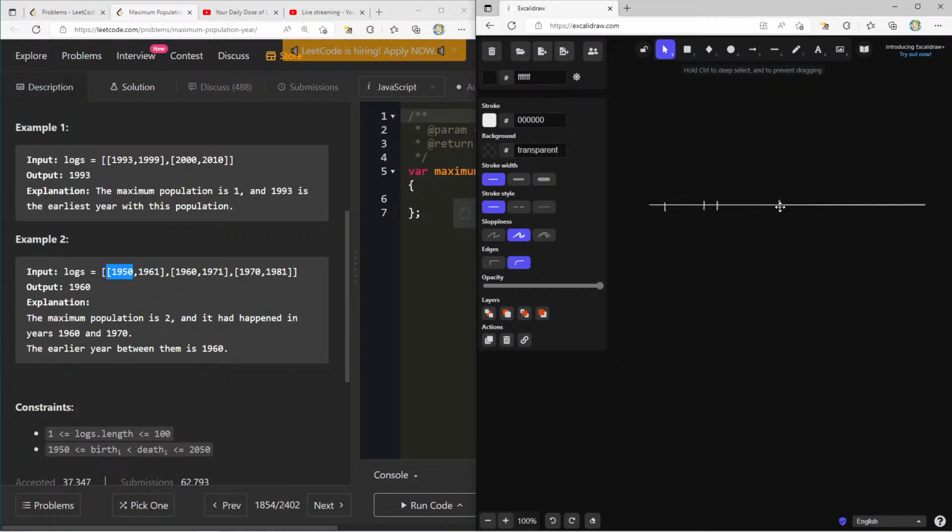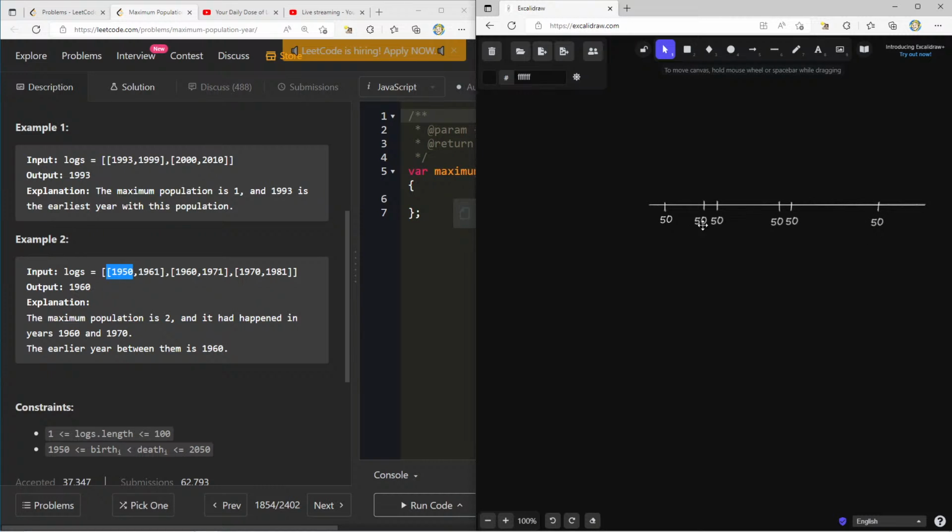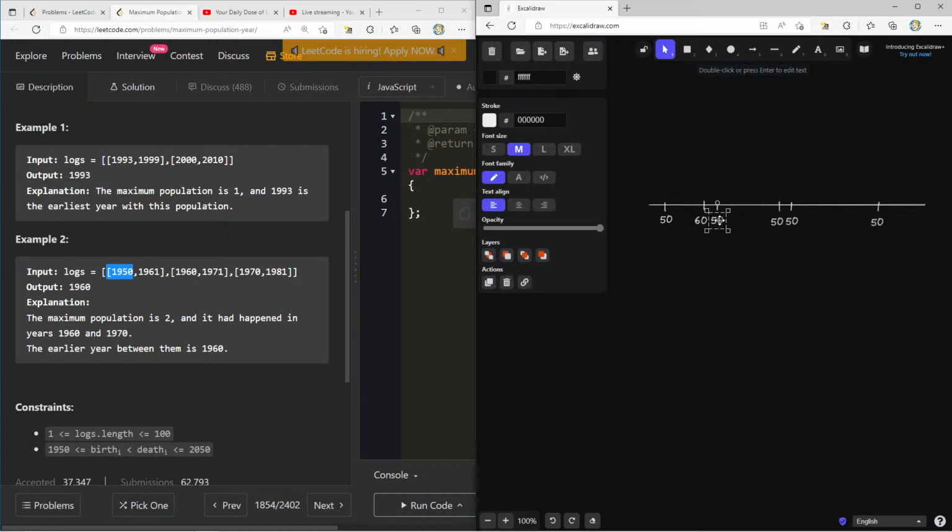Then we'll have 1971 over here. Or maybe that's 1970. We'll have 1971. And then something like 1981. Maybe these lines are not positioned very well. But let's see. Here we can have 50. Let me just copy all these so we can see exactly what it is that we're looking for. So that's 50. Let's make this 60. Let's make this 61. Let's make this 70. Let's make this 71. And let's make this 81.